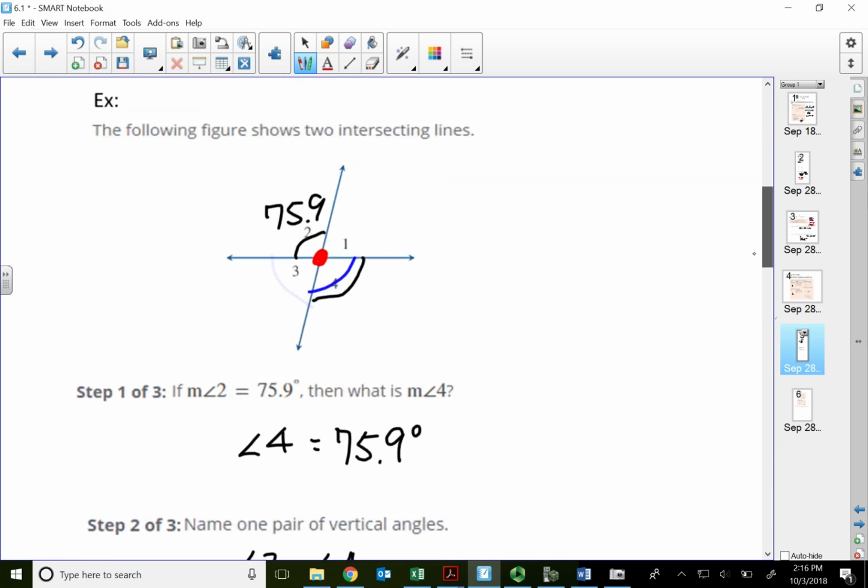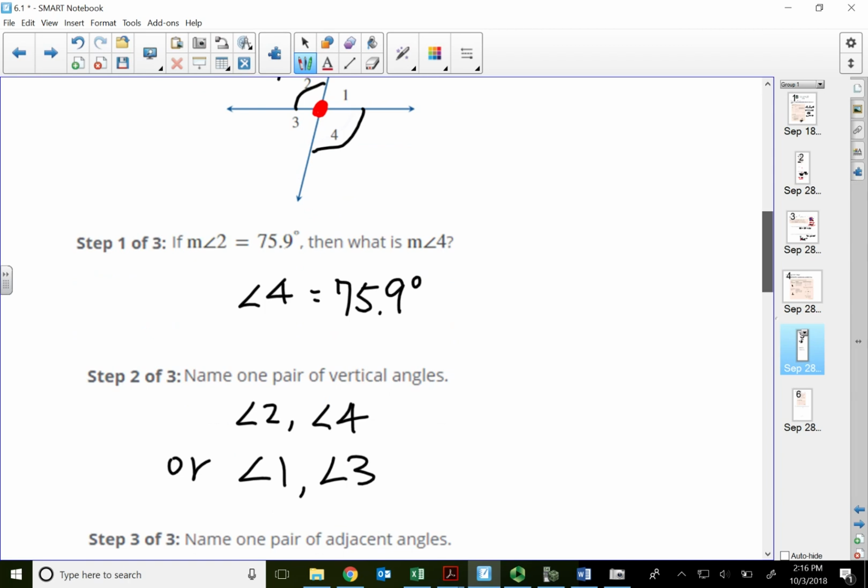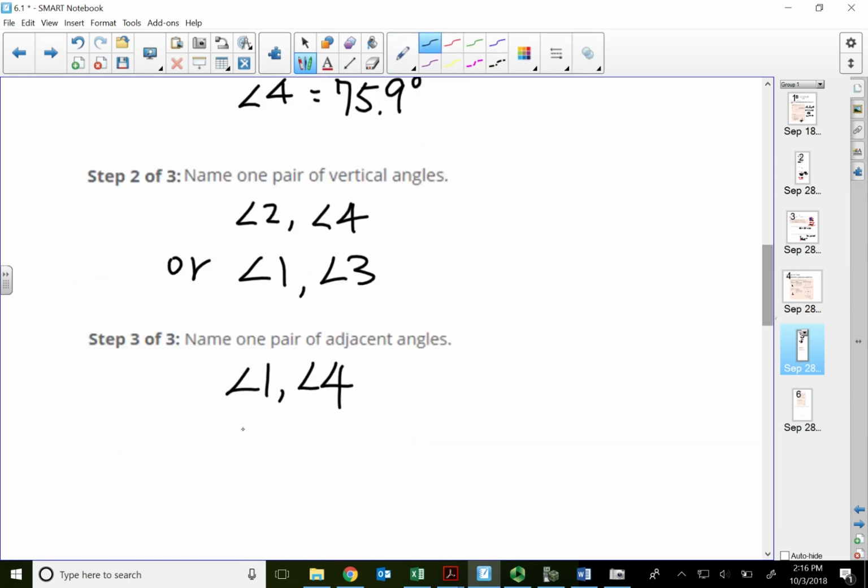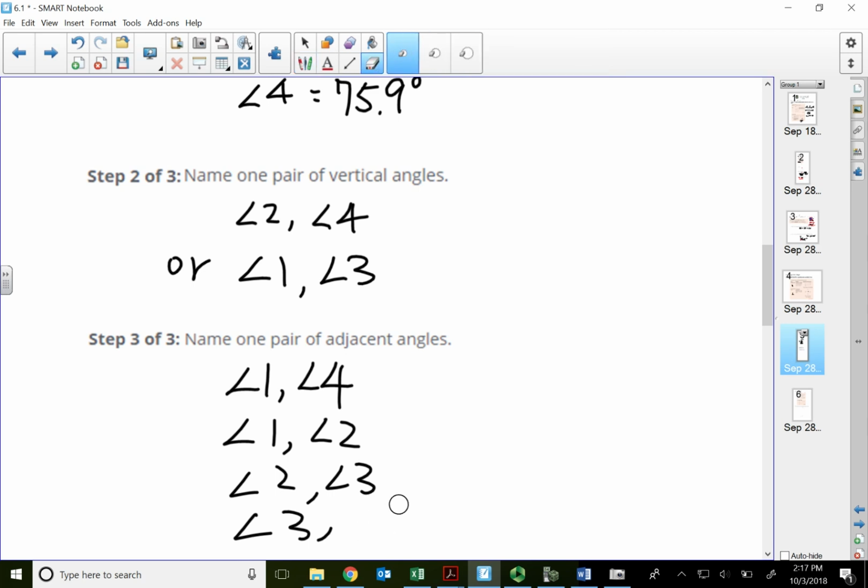All I need to do is name one pair: 1 and 4, 1 and 2, 2 and 3, and the bottom 3 and 4. You just got to name one pair of them. So here I basically have 4 pairs of adjacent angles. I just need to name one of them.